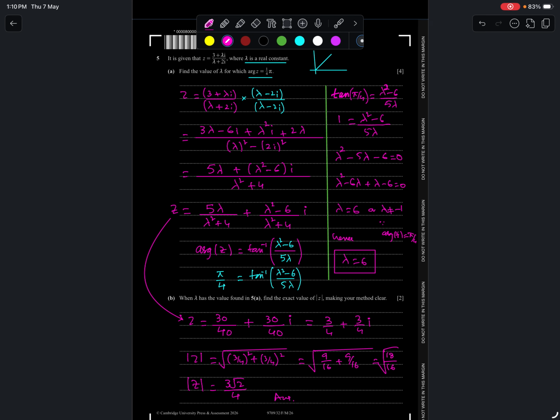In P3, both things are equally important, concepts and practice. A lot of algebra is involved, and time management. If you lack in practice, then you won't be able to complete the paper on time.